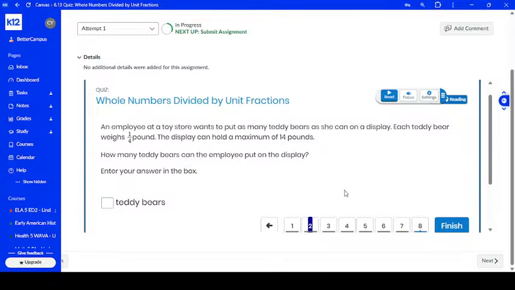You have 10 seconds to put it in comments or live chat. 10, 9, 8, 7, 6, 5, 4, 3, 2, 1. The answer is 56.